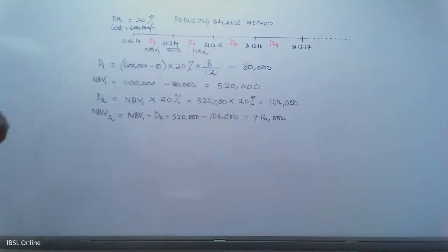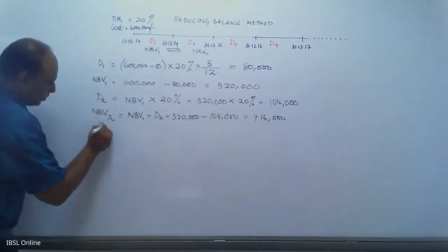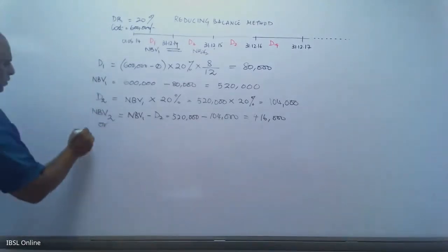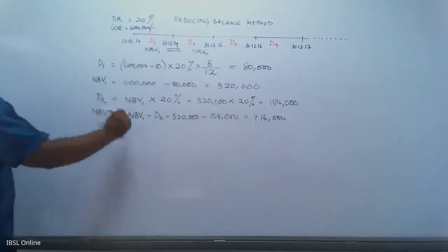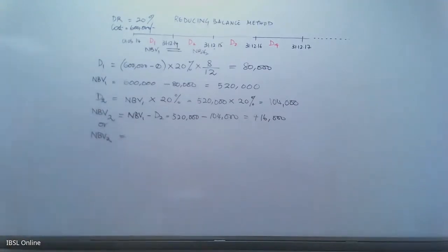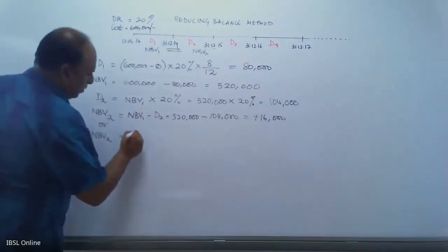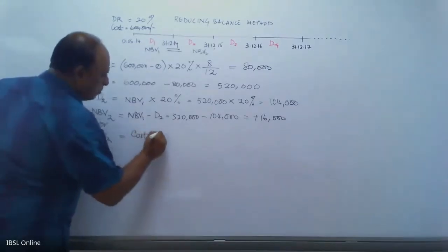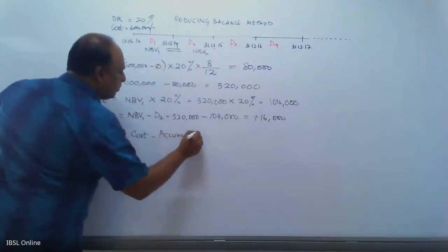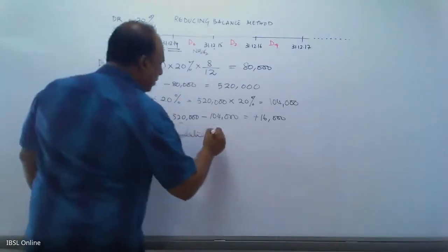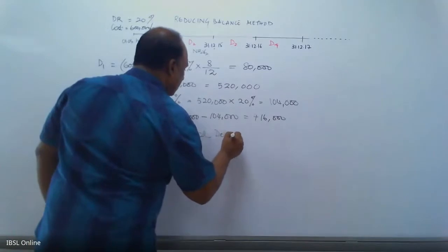Or you can calculate it like this also. Now, what did I say? Net book value is cost minus accumulated depreciation. You can use any method, I don't mind, but better to know both.